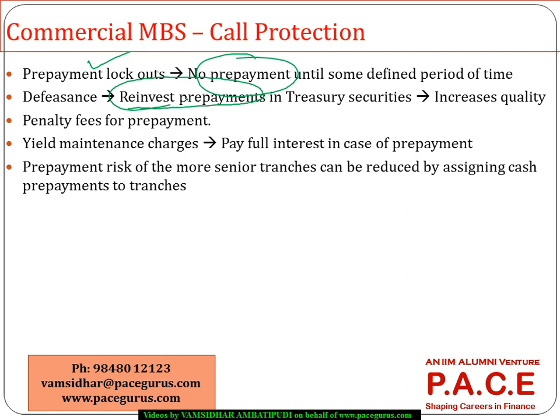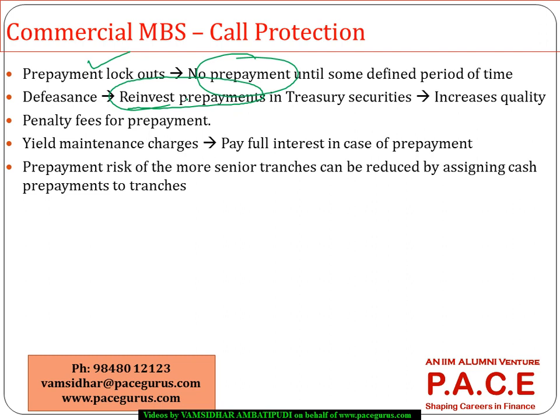And there could be one more scenario, which is a prepayment penalty. If a prepayment is done by the borrower, a prepayment penalty could be charged. Probably in the initial years that could be very high, and as the time period progresses, the prepayment penalty comes down.